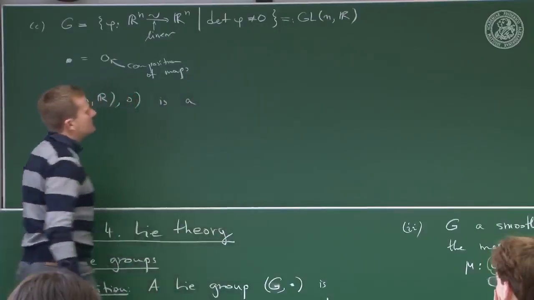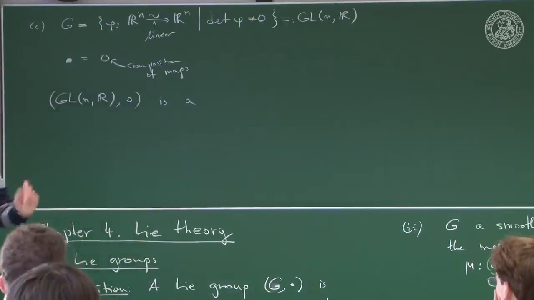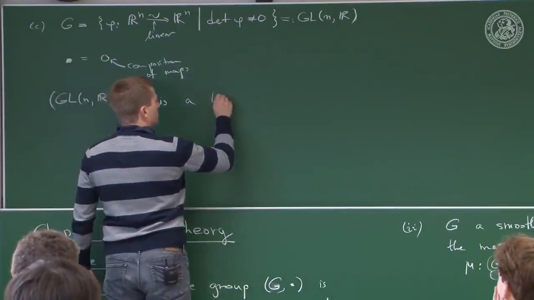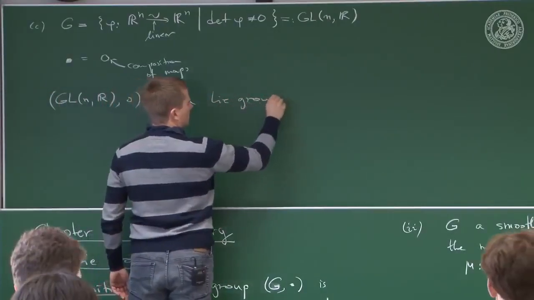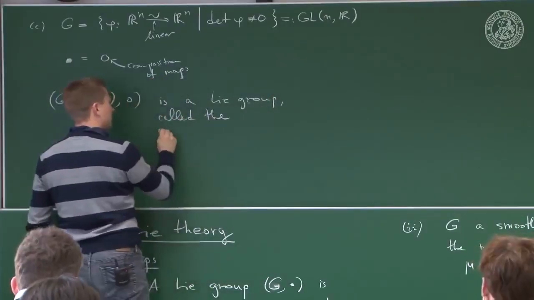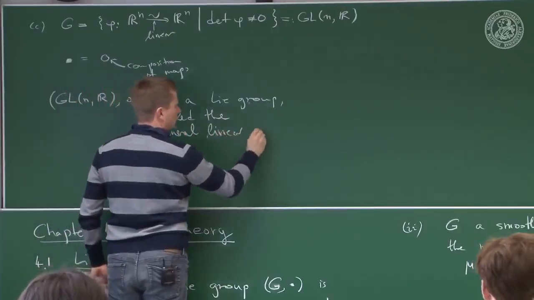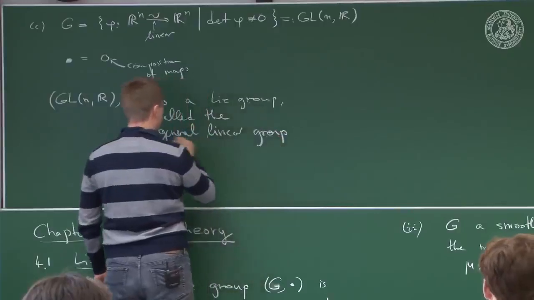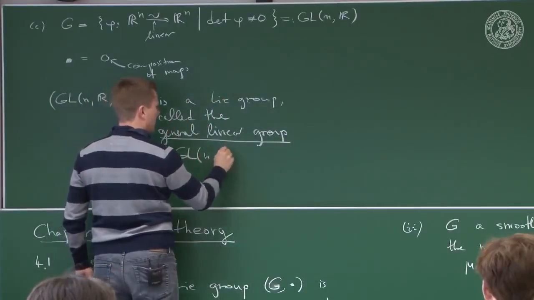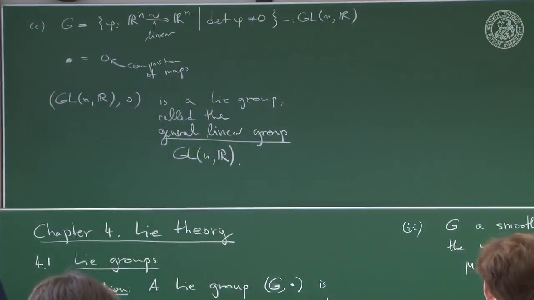That's no longer a commutative Lie group, because phi after psi is not generically the same as psi after phi. It is a Lie group called the general linear group, and as such is also called GLnR. Okay. So these are all Lie groups.